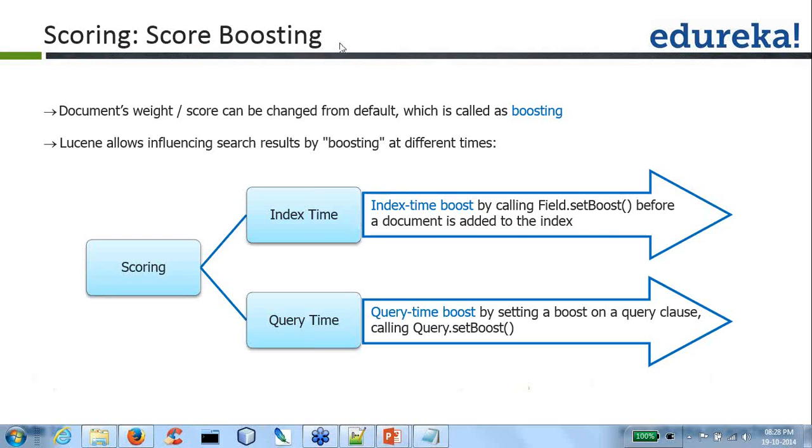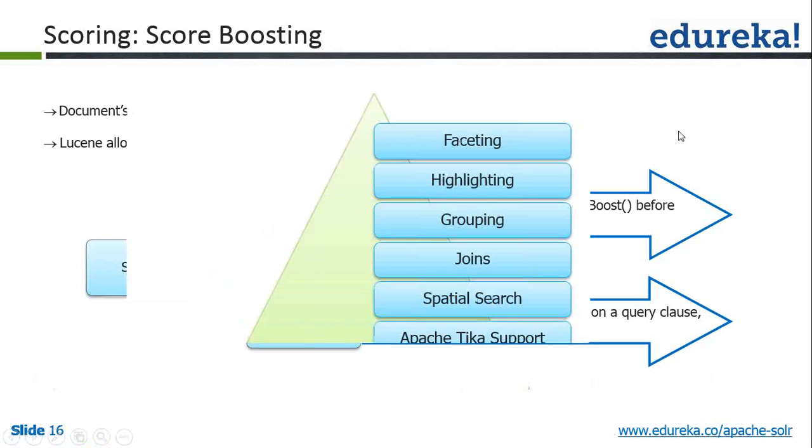Say for example, if you don't want to boost those documents by boosting some fields, you can also query those records and boost them into the upper segment by doing query time boosting. So these are the two popular ways of boosting the records to some degree so that you can fetch some termed documents in a better place.